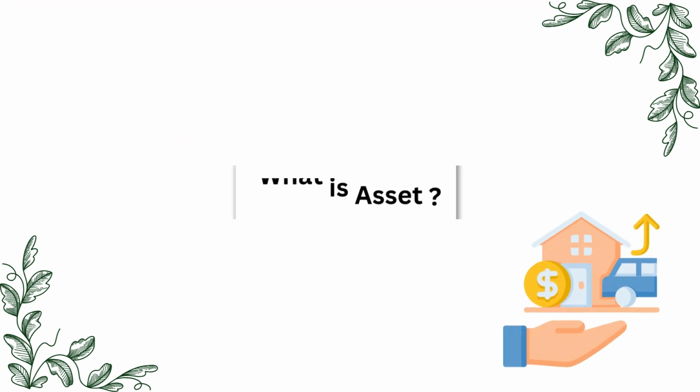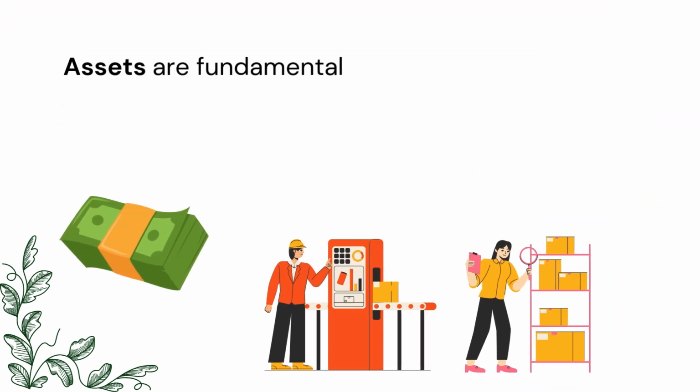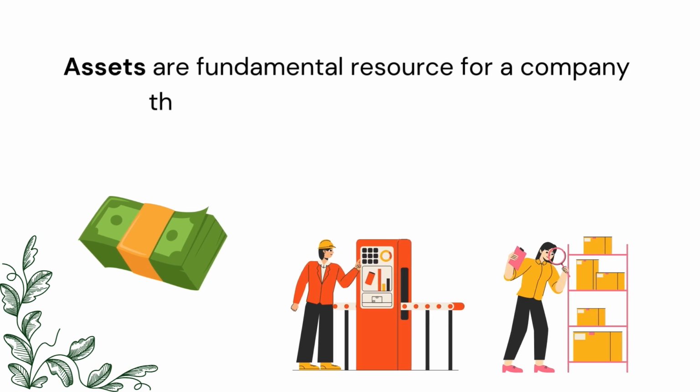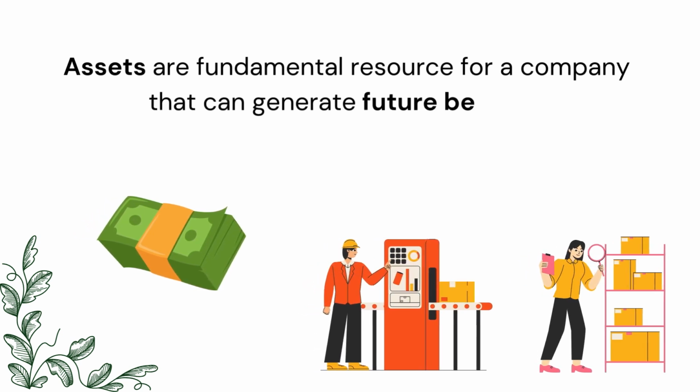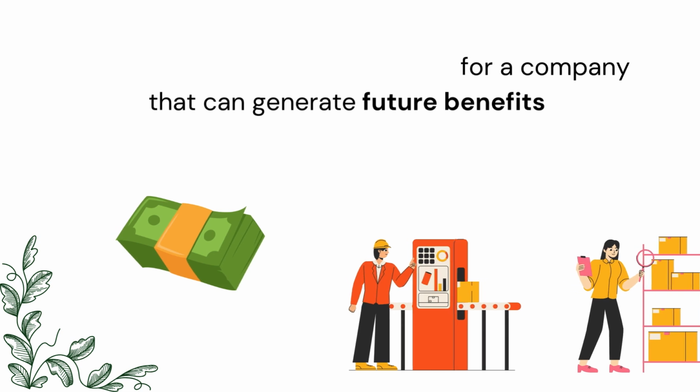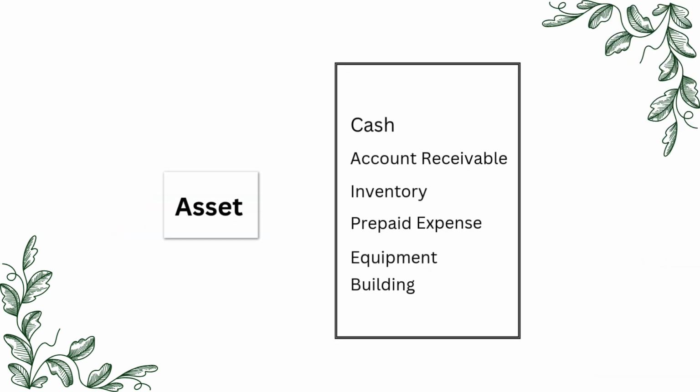The first component, assets, describes all fundamental resources a company needs to generate future benefit. Assets include many subdivisions like cash, account receivable, inventory, prepaid expenses, equipment, and building.